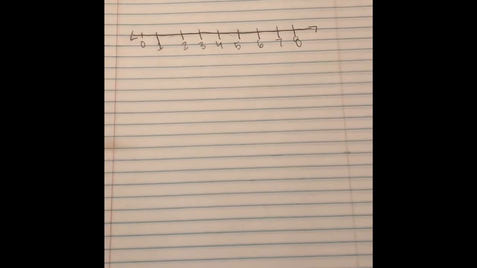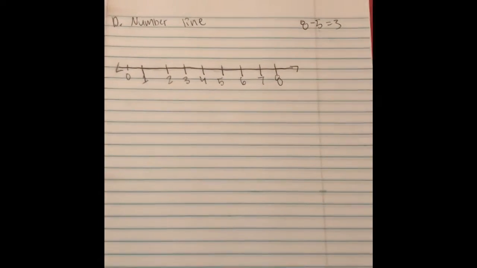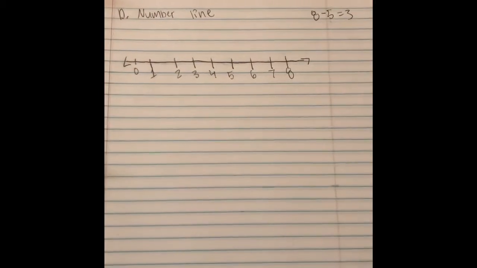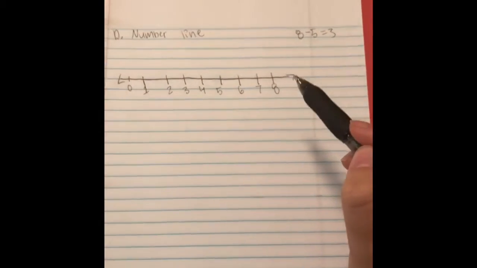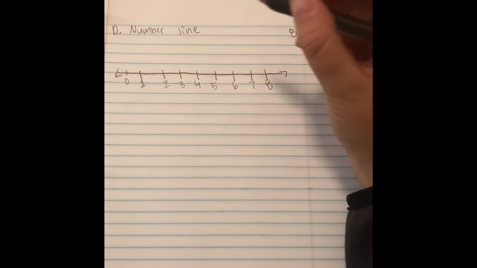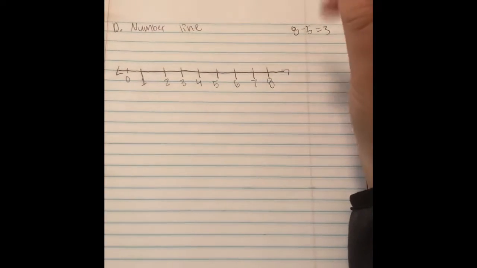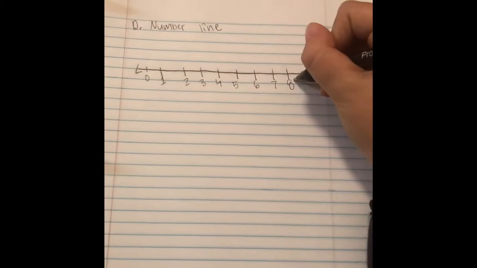So then another way to illustrate 8 minus 5 would be through the use of a number line. Here, as you can see, I already drew out a number line just to make things a little bit more efficient. So in this case, to find the difference of 8 and 5, we are going to start out with our bigger number, which is 8.